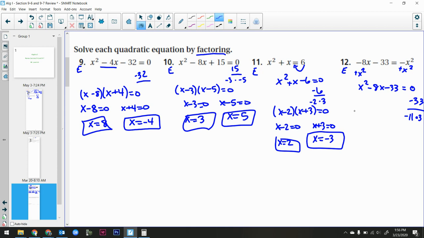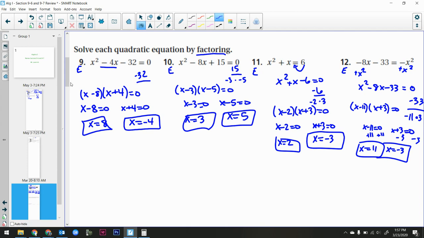That gets us an x minus 11, x plus 3. That means we get x minus 11 equals 0, x plus 3 equals 0. We add the 11, x equals 11. Subtract the 3. Those are my two solutions. Make sure you get both of them on the answer blank for all of these problems.